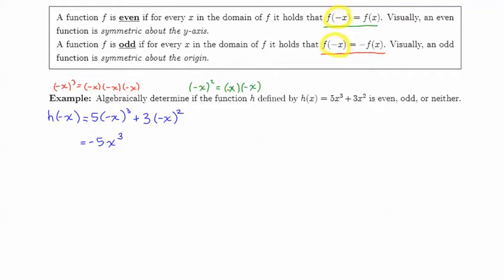And so that will be positive x squared. So for that second term, we're going to have positive 3x squared. Okay, so as we look at that expression, we can see that that is not the same as our original h of x. So as h of negative x does not equal h of x, the function h is not even.